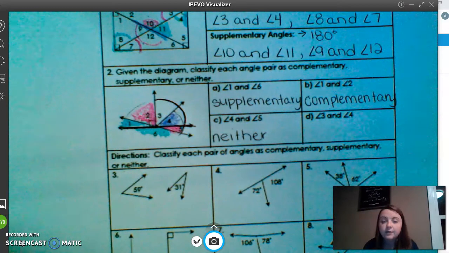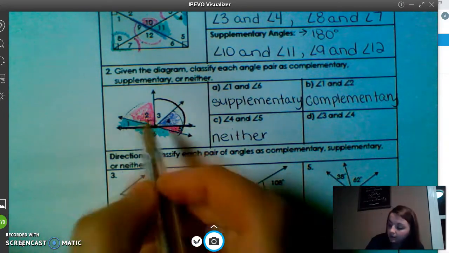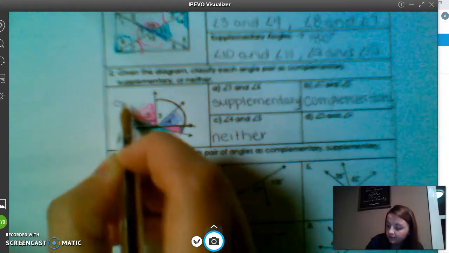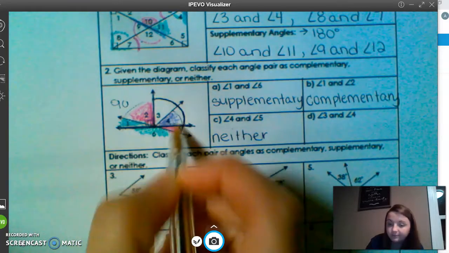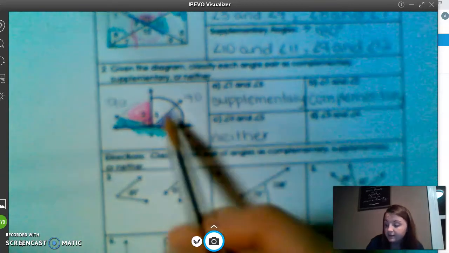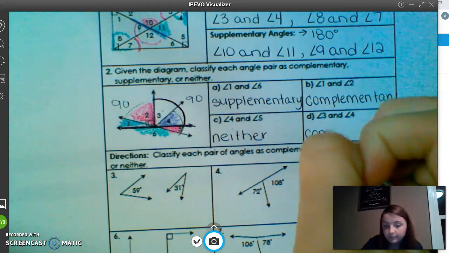Straight lines are 180 degrees, correct? Yes. Well, we have this little box showing that this is 90. Well, if this side's 90, what does this side have to be to make 180? 90. So since these two angles make up 90 degrees, they are complementary as well.